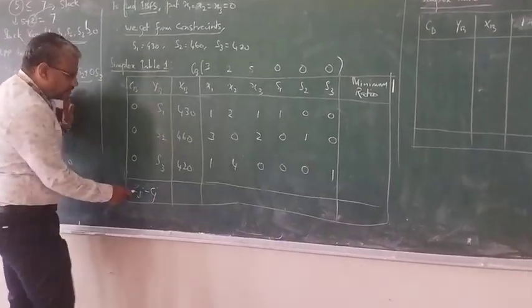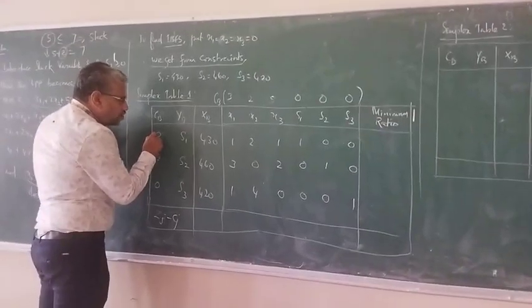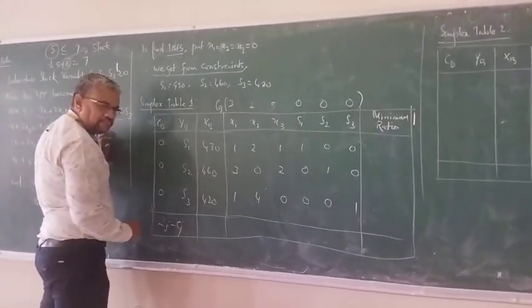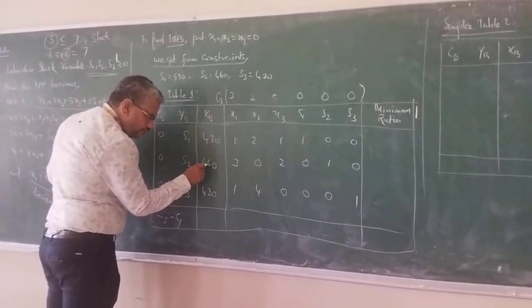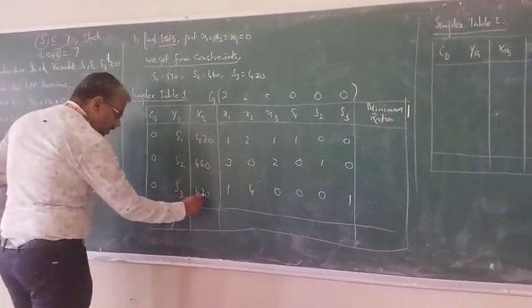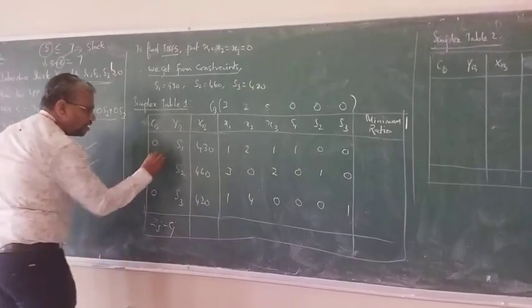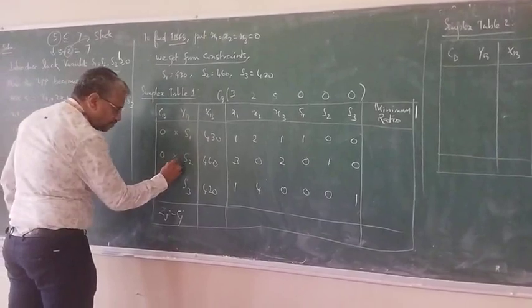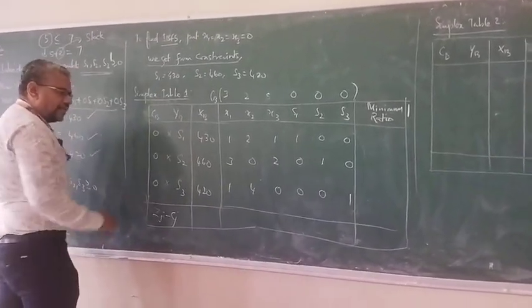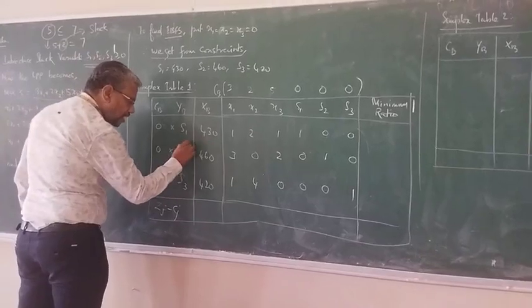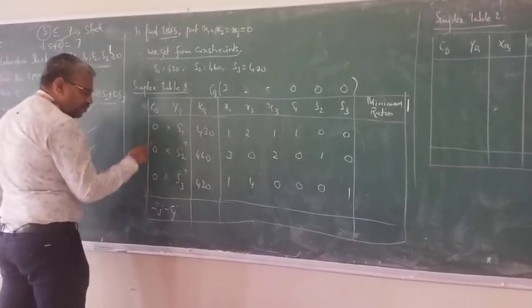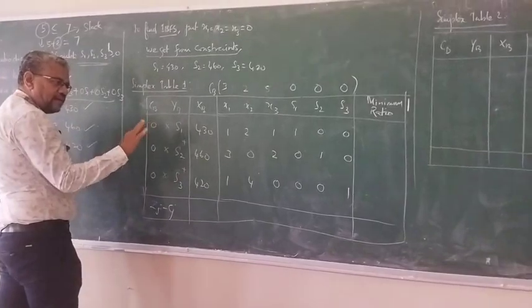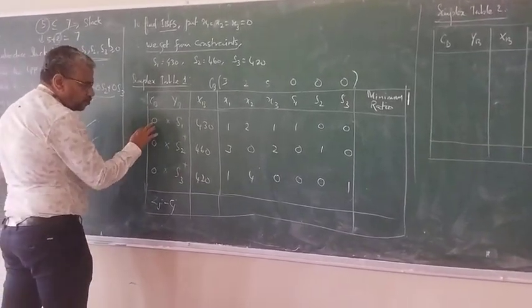Zj is 0 into 430, 0 into 460, 0 into 420, which means you have to multiply the cost with the corresponding coefficient elements, and then add those values.